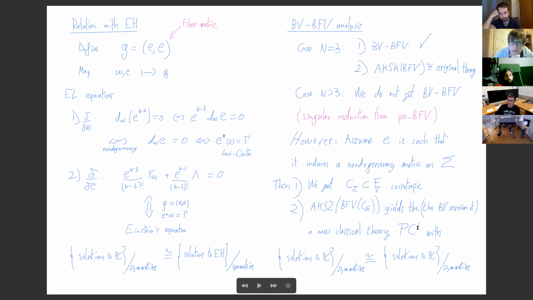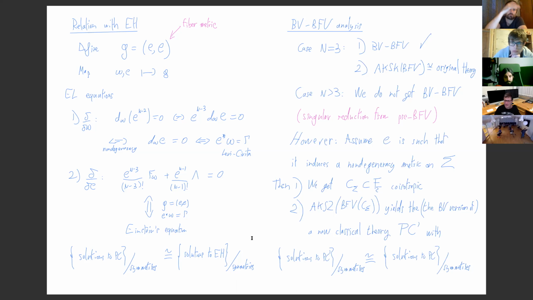We call this theory PC prime, and modulo symmetries this turns out to be the same as solutions to the Euler-Lagrange equations of Palatini-Cartan modulo symmetries, which is the same as what you want to have in Einstein-Hilbert. So you get a new BFV theory, which is a BFV theory for a theory which is classically the same as Einstein-Hilbert. So it's the same classical description of general relativity, but a different BFV description.